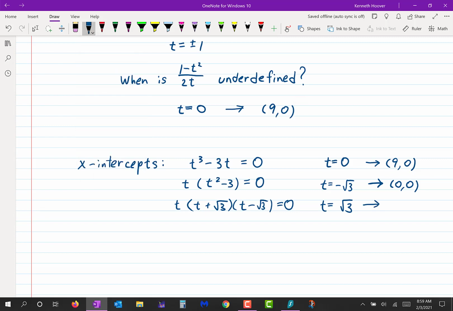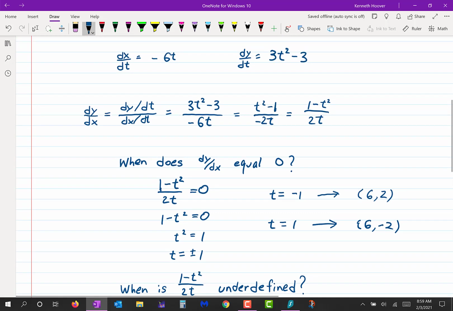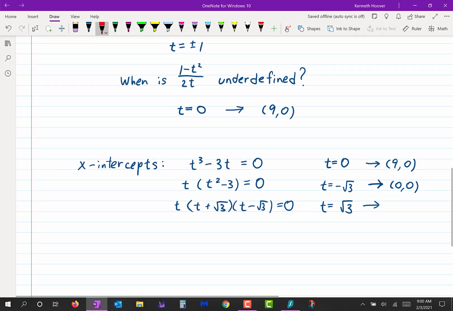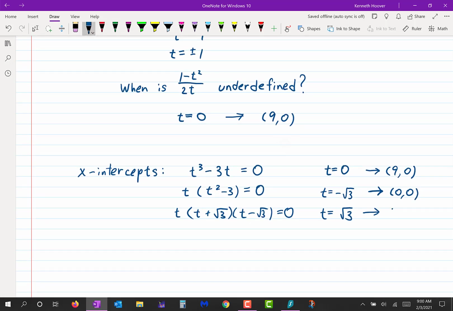So now we're going to take positive square root of 3 and plug it into these equations up here. Now remember, y is going to be 0. But take the square root of 3 and plug it in here. Notice what you get. You're going to get negative 9 plus 9 again. You're going to get 0 again. So look at that. This is interesting. Let's go down here and write that down. The graph passes through that point twice.